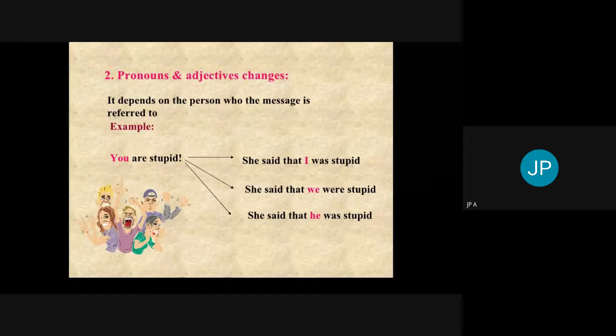Okay, there are some other changes also that happen. For example, suppose Subida said, "Can you come?"